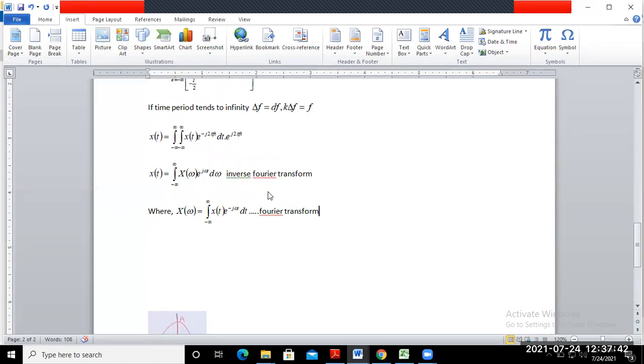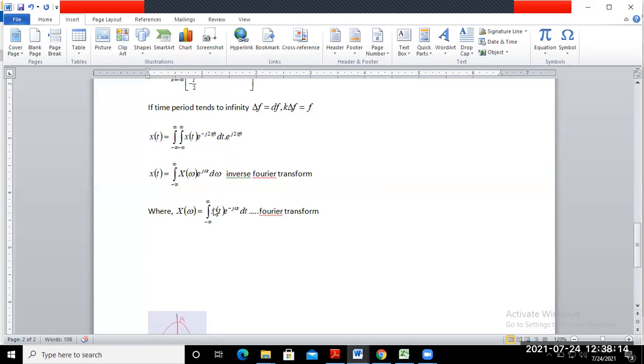If any signal is given in the frequency domain, then you can convert it into the time domain from this formula. That means if you want to convert the frequency domain to the time domain, then x(t) equals the integration from minus infinity to infinity of X(omega) e^(j omega t) d omega. If a function is given in the time domain and you find its Fourier transform, then you represent it in the frequency domain: X(omega) equals the integration from minus infinity to infinity of x(t) e^(-j omega t) dt.